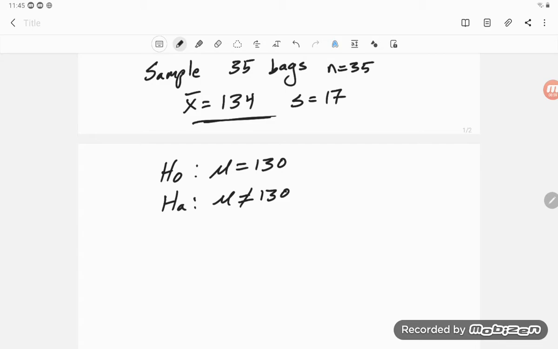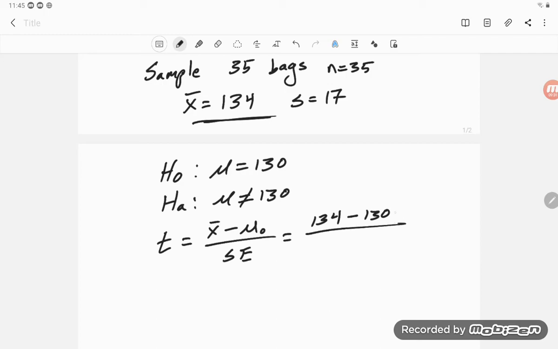And so, to calculate our t value, t is equal to, we take our data, x bar, minus our hypothesized mean, mu 0, which is 130 there, divided by the standard error. And so this is 134 minus 130, divided by our standard error.